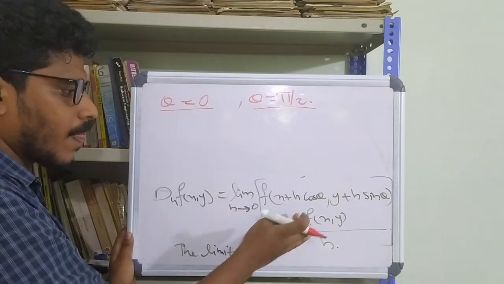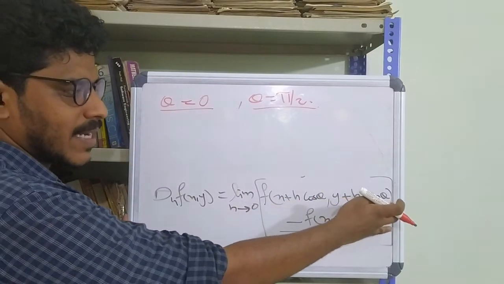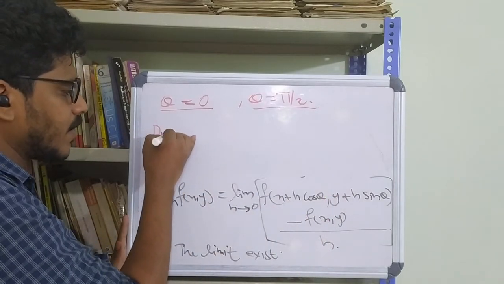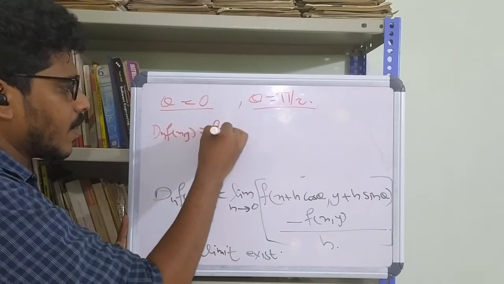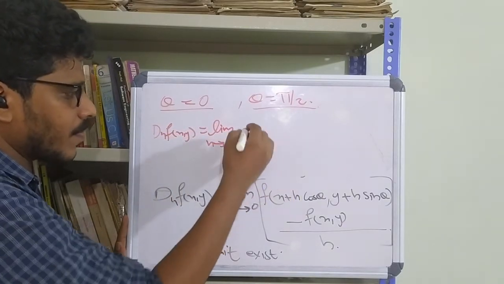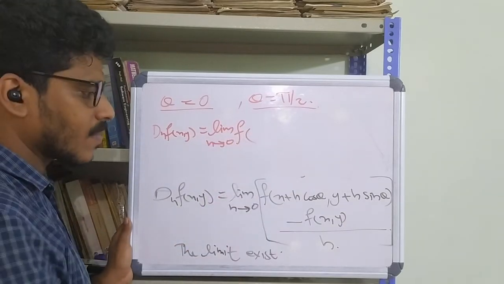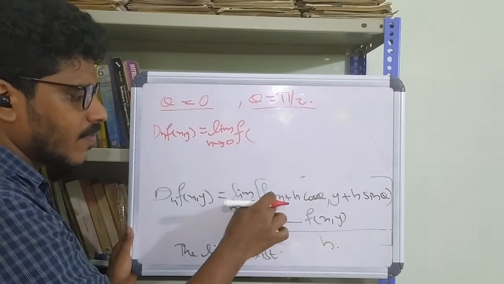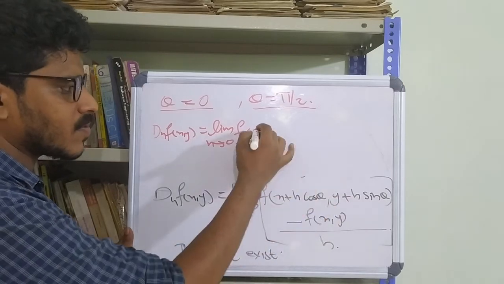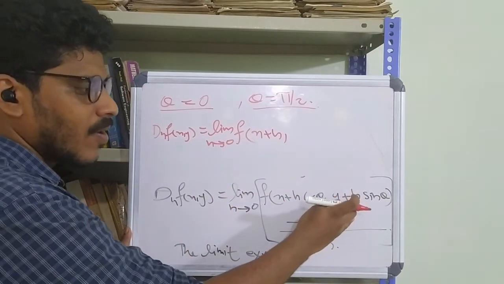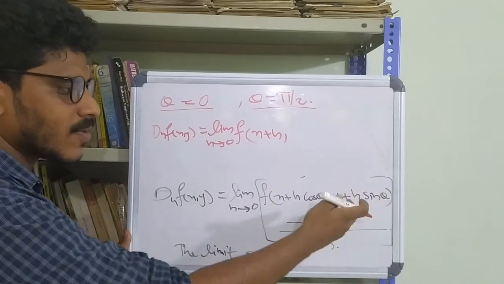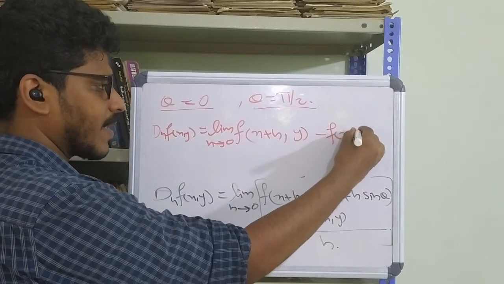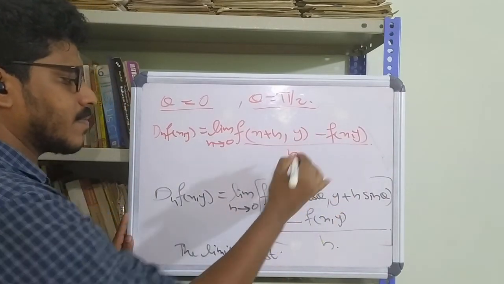So if theta equal to 0, cos theta is 1 and sin theta is 0. Let's plug theta equal to 0 in this equation. We'll get D_u f at x, y equal to the limit as h tends to 0 of f of, see, if we plug in theta equal to 0, we'll have x plus h into cos 0 which is 1, so x plus h, comma, y plus h into sin 0 which is 0, so y, minus f of x, y, divided by h.